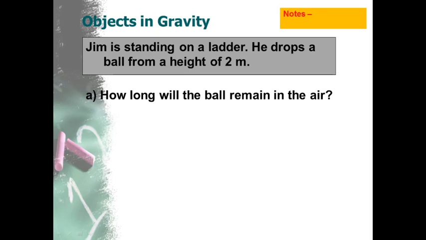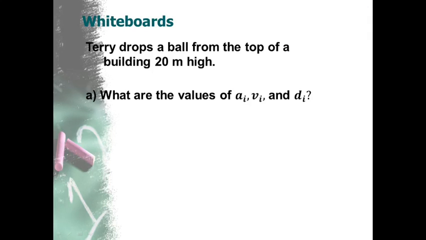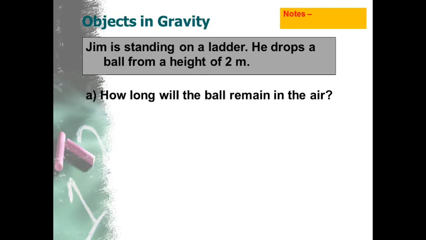So let's ask ourselves, first of all, how long will the ball remain in the air? We know that it starts off with an initial velocity of 0 at 2 meters above the ground, and it will make a parabola.